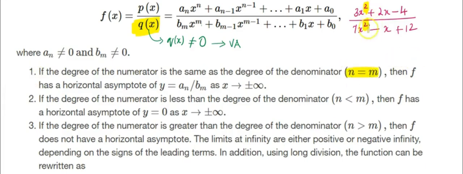If that's the case, then what we're assured is that there will be a horizontal asymptote at y equals a_n over b_m. So what does that translate to for us? We're going to have a horizontal asymptote at 3 over 7. So 3 over 7 is the number where you'll draw a horizontal dashed line, and you know that your graph will trail very close to this horizontal asymptote.